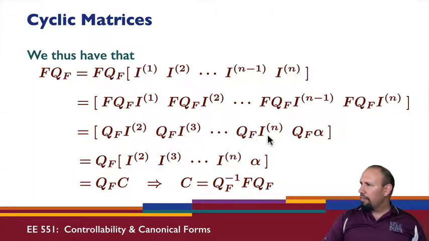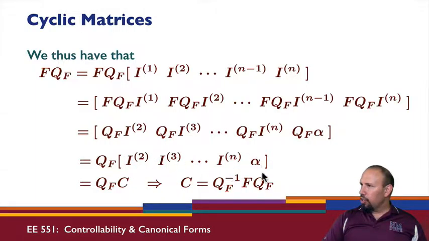So notice that QF appears in every term in this matrix. I can factor it out. And I get this quantity: identity, the second column of the identity, third column of the identity, times alpha.